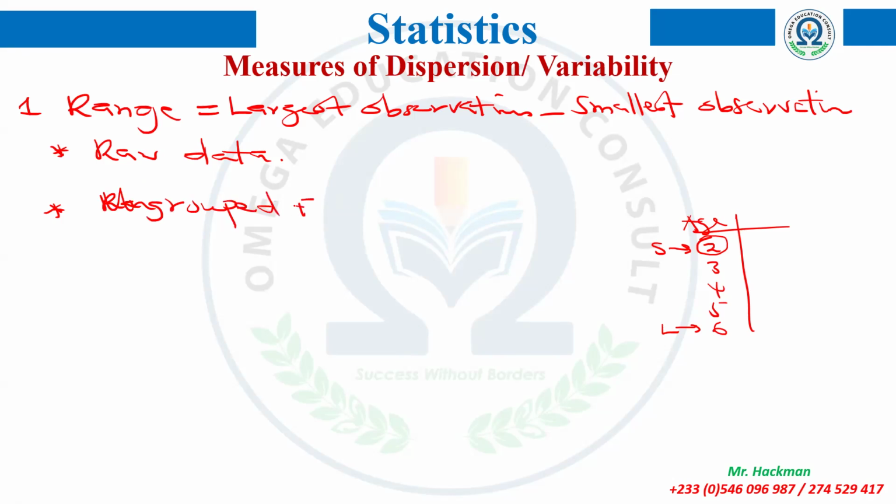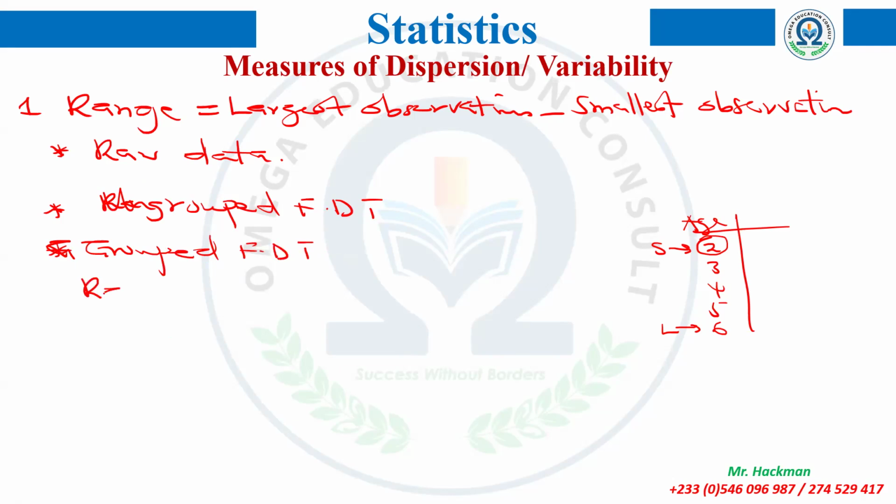Let me use FDT for frequency distribution table. That is for ungrouped. But for the grouped, this is what you do with the frequency distribution table. This is how you find the range.